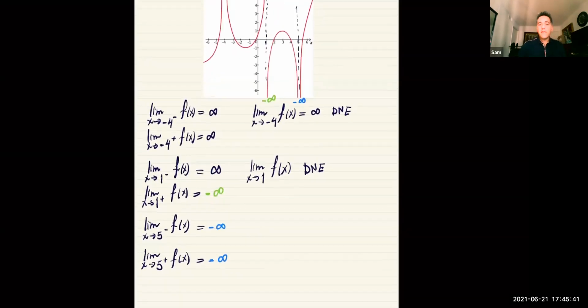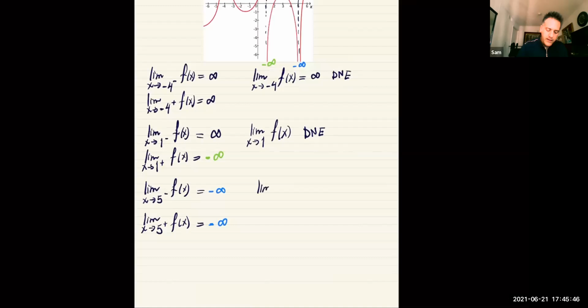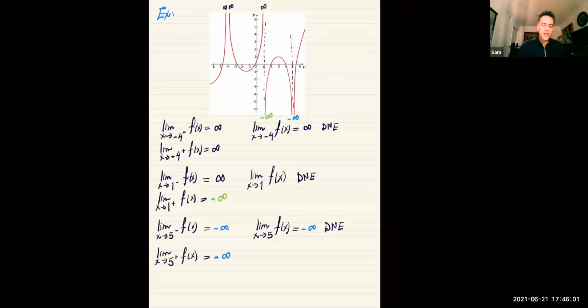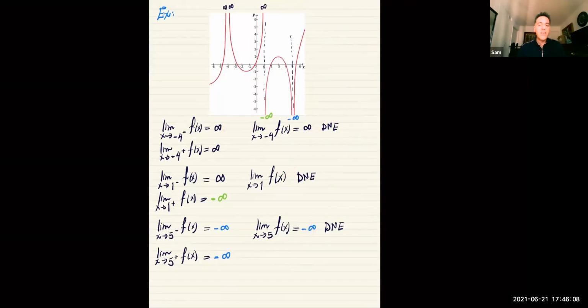Since from both sides the function goes to negative infinity, you can say that the limit as x goes to 5 of this function is just negative infinity. And of course, such a limit does not exist. But as you see, all of them are DNE, all of them. Infinite limit is just DNE. So how do you do this algebraically?